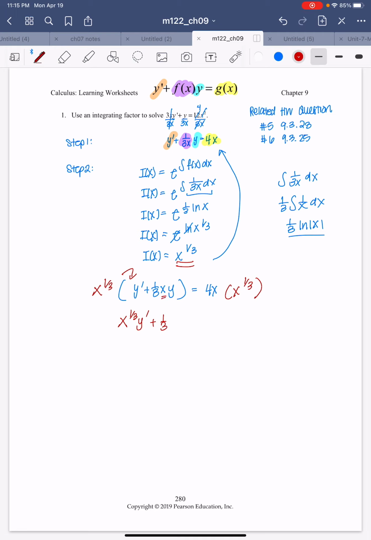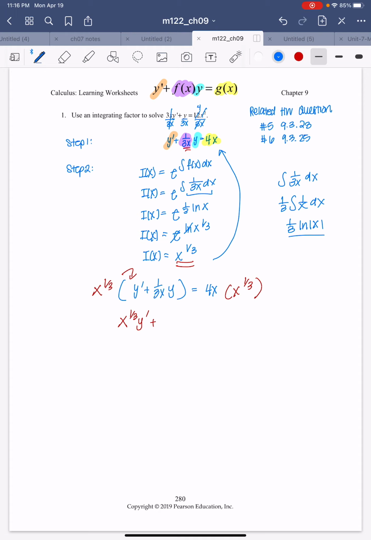This x really is a 3 over 3, right? Oh, actually it's 1 over 3x, not 1. Let's rewrite it, 1 over 3x.